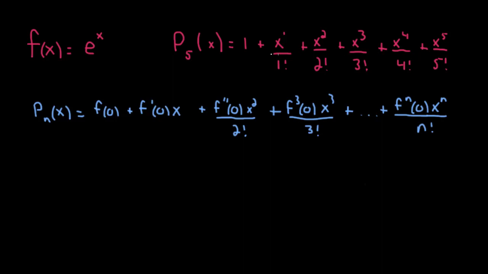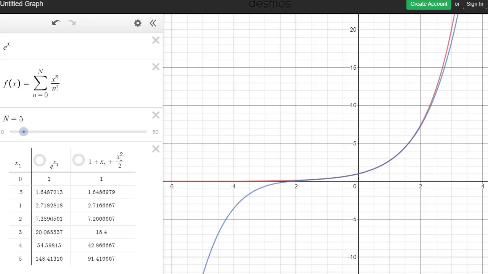To show you that this really is the thing we were just looking at, let's go back to that graph and notice that my n is equal to 5. Down here I have a table of values. These dots that just popped up are the actual function values at 0, 0.5, 1, 2, 3, 4, and 5. If I was interested in e to the 1/2, it is right here.